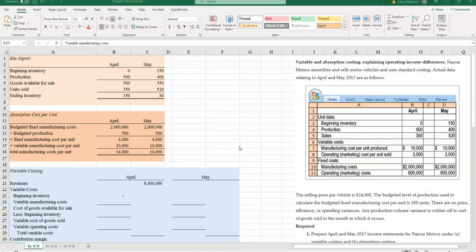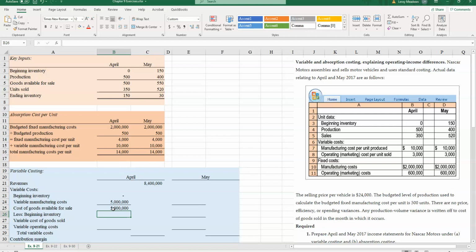So when I take 500 and multiply that by $10,000 of variable manufacturing cost per unit, I'm going to get $5 million in manufacturing costs. So let me put that here. So what is the total cost of goods available for sale? Remember, the cost of goods available for sale is always my beginning inventory plus the cost I incurred for the period. So in this case, beginning inventory of 0 plus variable manufacturing costs give me cost of goods available for sale of $5 million.